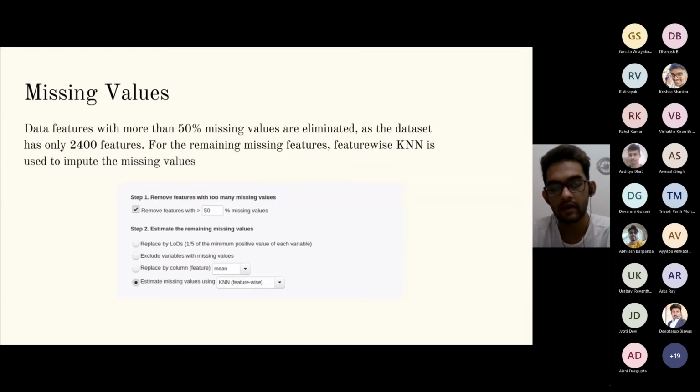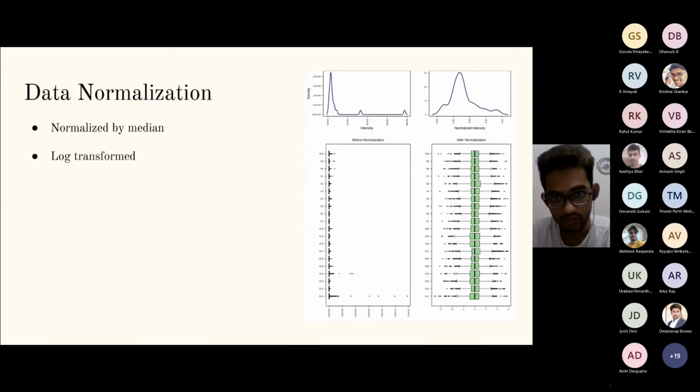I used the following settings: features with greater than 50% missing values are removed, and the remaining missing values are estimated using the KNN machine learning method, feature-wise imputation.